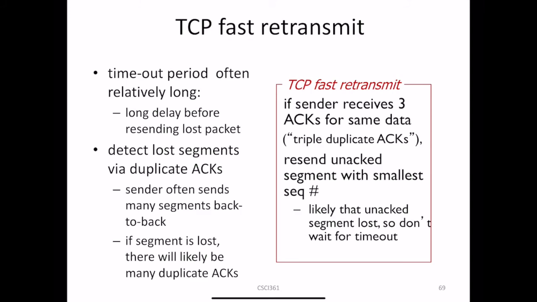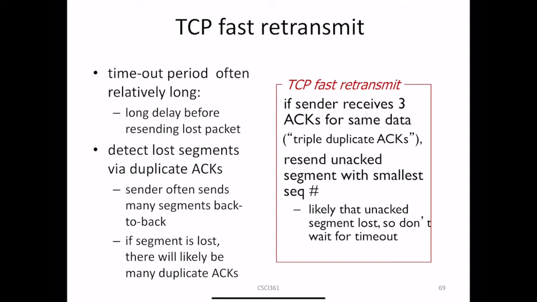Next, let's see the TCP fast retransmit. In the previous slides, we already mentioned there are two conditions that can trigger TCP retransmit. One is timeout, another one is duplicate ACK. But usually the timeout period is relatively long.